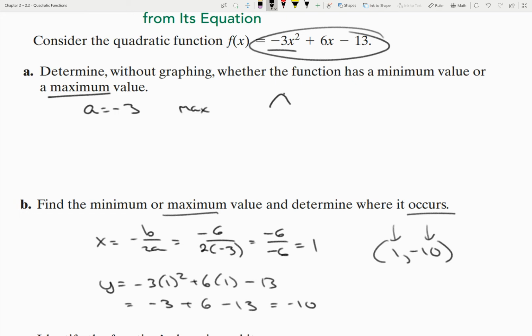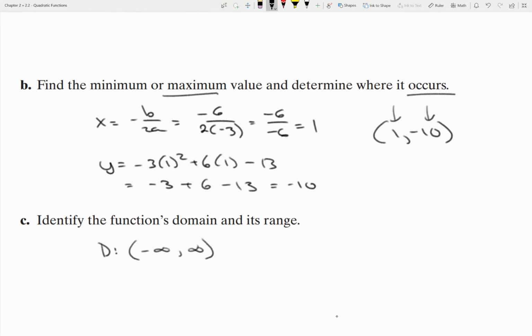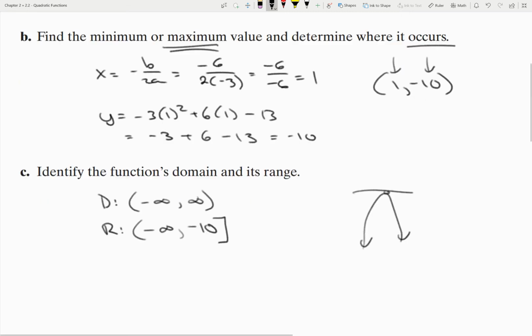No matter what x you pick, you're going to get an answer. The range, however, because I know that this is a maximum, is going to reflect that. So it's going to go from negative infinity to negative 10, including negative 10. If we draw the parabola, it keeps going down, but it does stop somewhere.